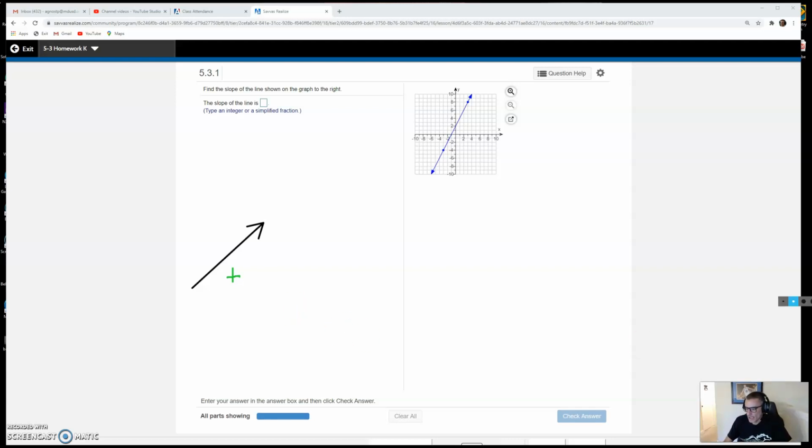If we have a line that goes down from left to right, and again, as an example, you can see this blue line up here is going up from left to right, so we know when we calculate our slope, it's going to be a positive number. If we have a line that is going down from left to right, it is going to have a negative slope. Another way of saying it is it's decreasing. This one's increasing, this one's decreasing.